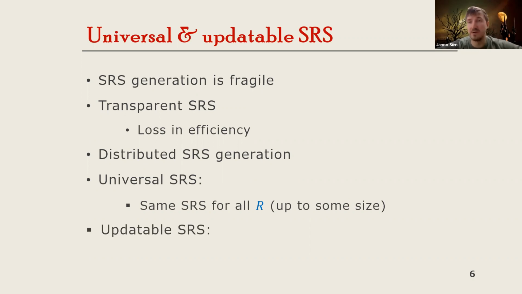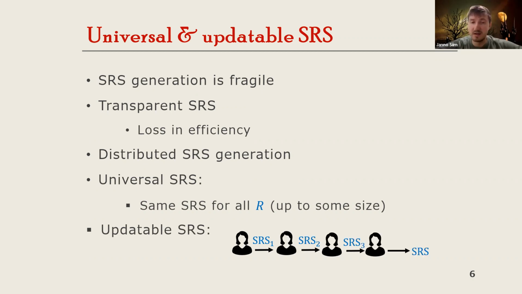Secondly, we have the notion of updatability for SRS, which means that the SRS comes with a very nice distributed SRS generation protocol. The first party can generate the initial SRS, and then subsequent parties can update it. The final SRS will be secure to use as long as at least one of the updaters was honest.